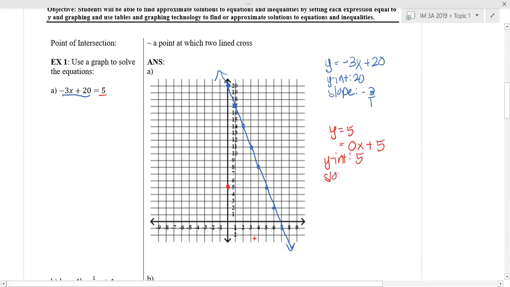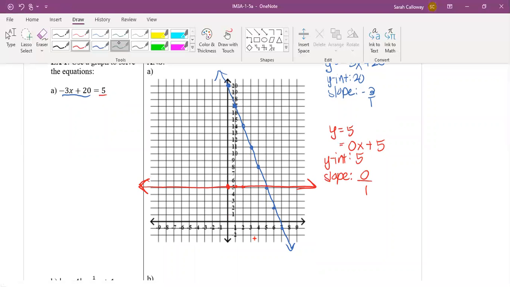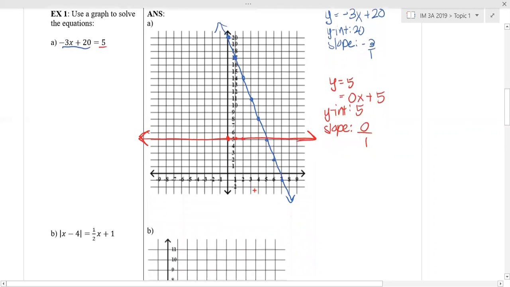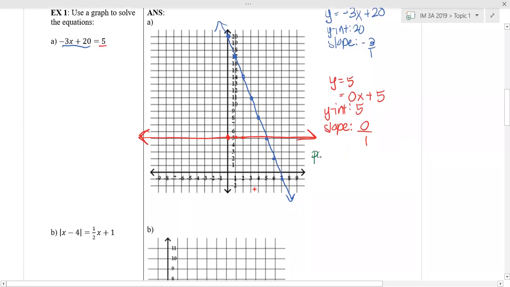And since it has a slope of 0, we're going to go up nothing over 1. So we're really just drawing a horizontal line through 5. And the question is asking us to find the point of intersection. So for this graph, we can see that the point of intersection is the point 5, 5.